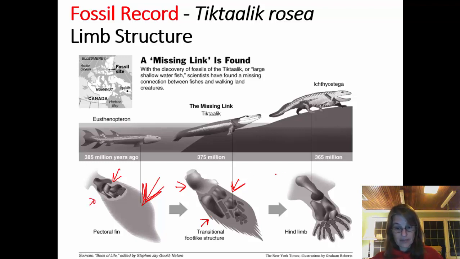And then finally, what we see in the first amphibians is these bones becoming truly limb bones and very much like, with the bones in place that would give rise to all the vertebrate bones that we associate with tetrapods today. Okay.